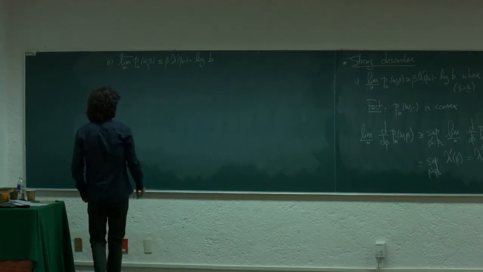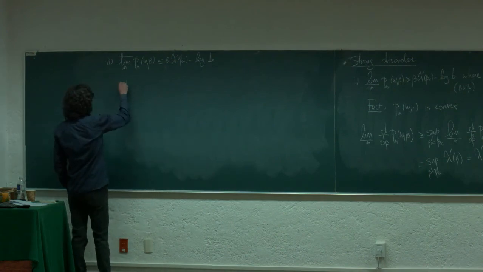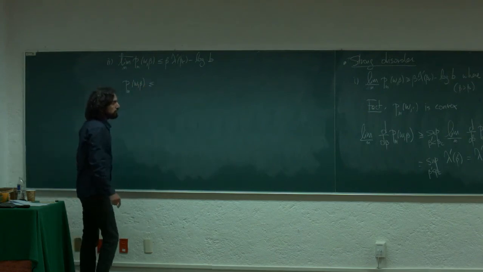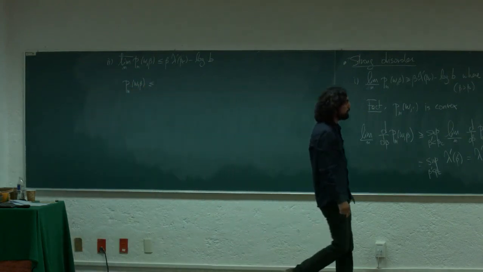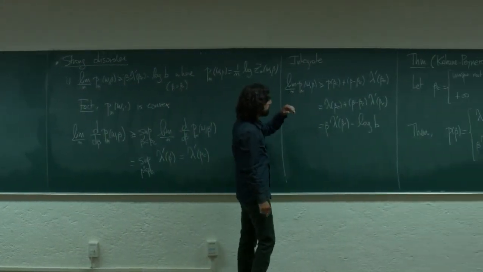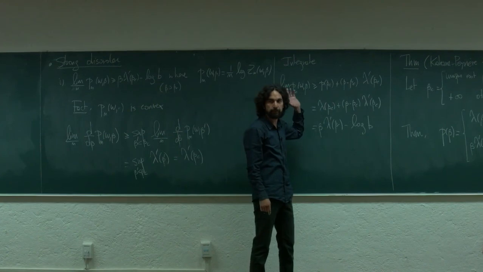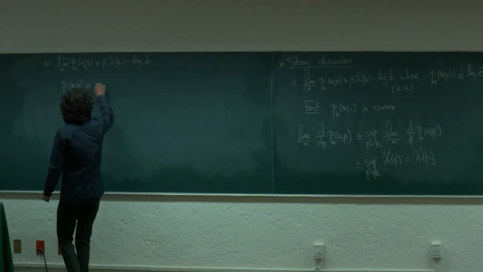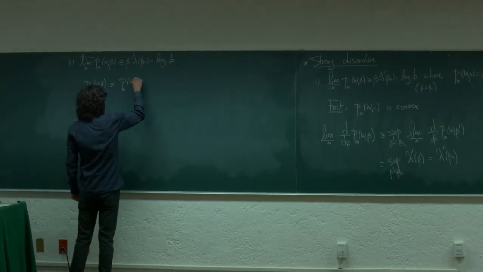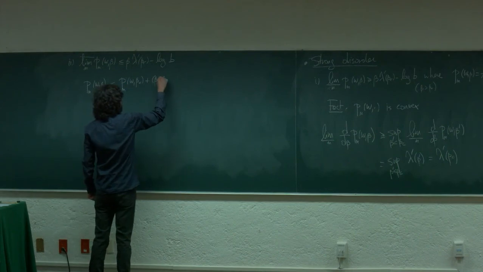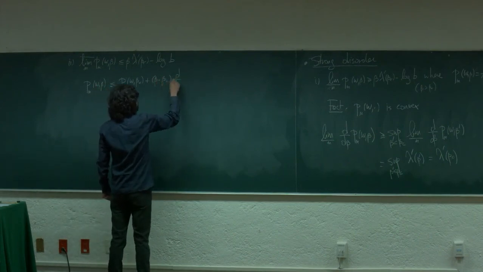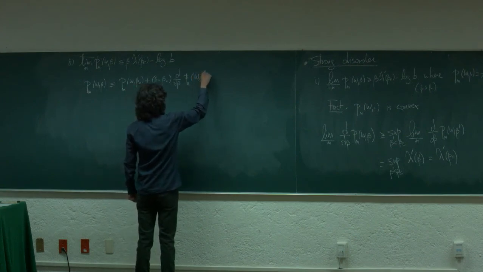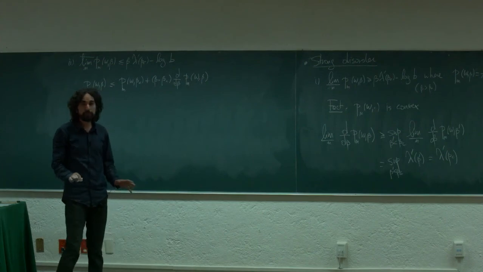So let's use the same inequality, but instead of using the derivative at something which is to the left, use the derivative at something which is to the right, and you get an upper bound. Okay, it's just convexity.